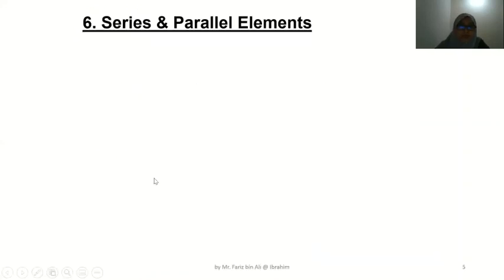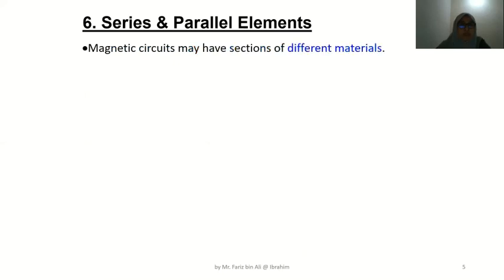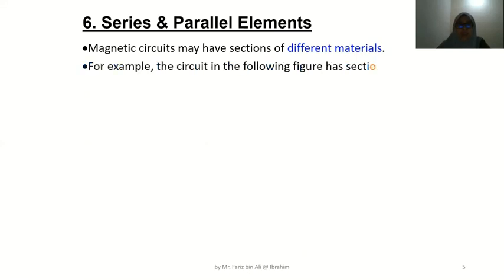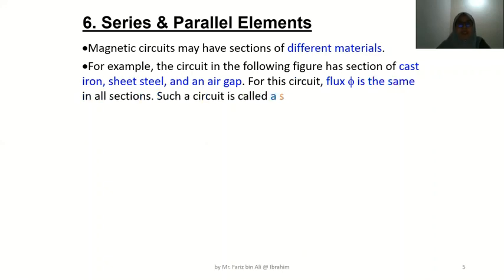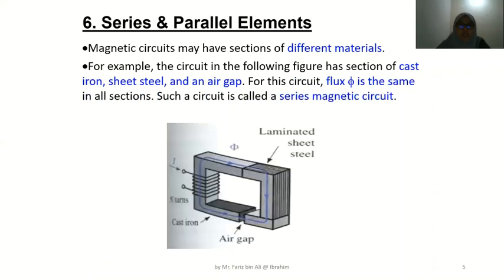The next subtopic is about the series and parallel elements in magnetic circuits. A magnetic circuit may have sections of different materials. For example, the circuit in the following figure has sections of cast iron, sheet steel and an air gap.